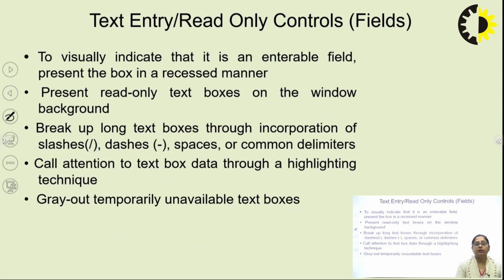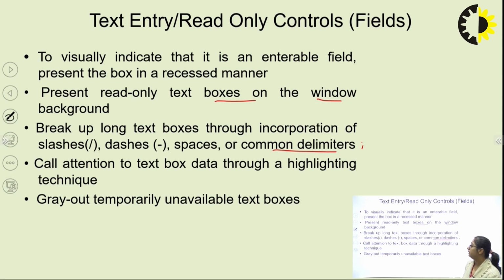To visually indicate that it is an enterable field, present the box in a recessed manner. Present read only text boxes on the window background, and break up long text boxes through the incorporation of slashes. You can use dashes, spaces, or comma delimiters like this.